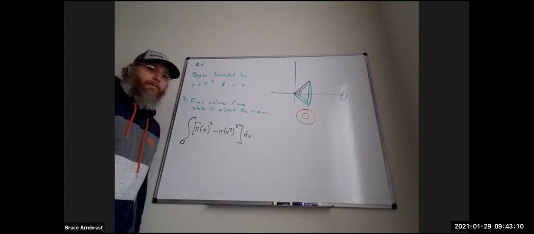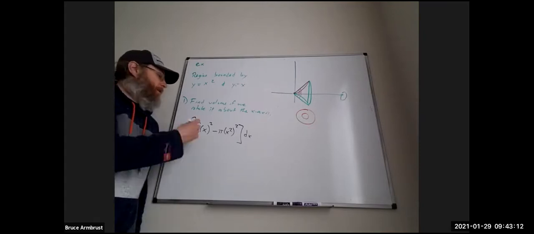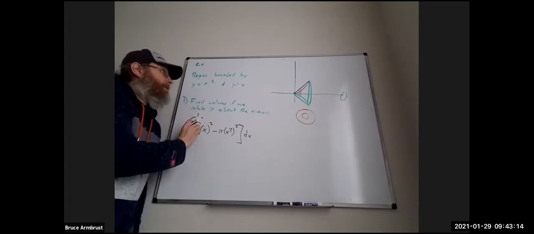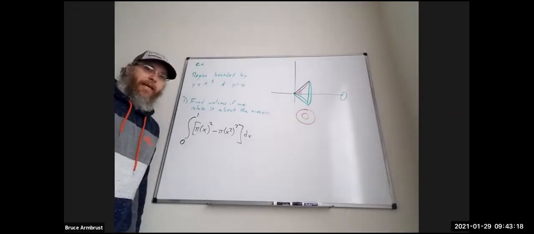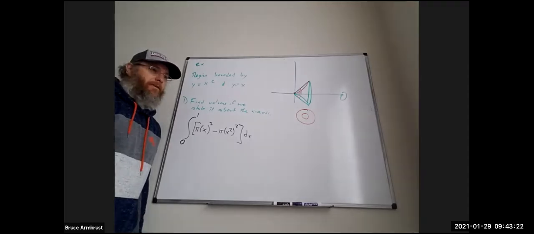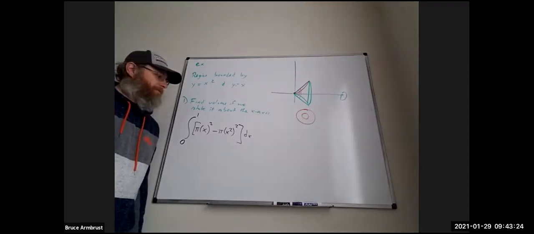Good, thanks, Alexi. She just put in the chat box 1. We're going to go out to 1 because that's the intersection of x squared and x. If you take x squared and set it equal to x, then you get 0 and 1 as your solution.